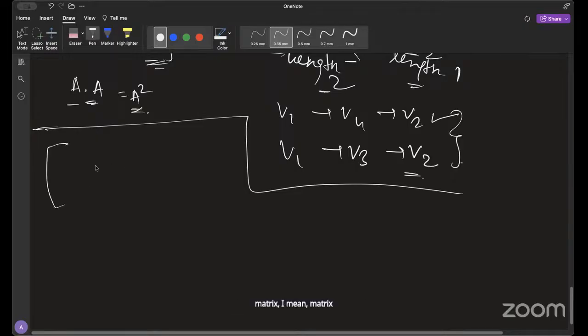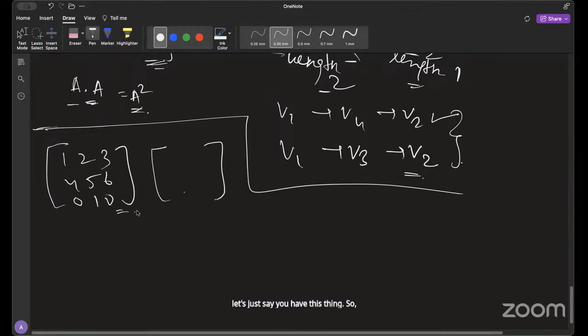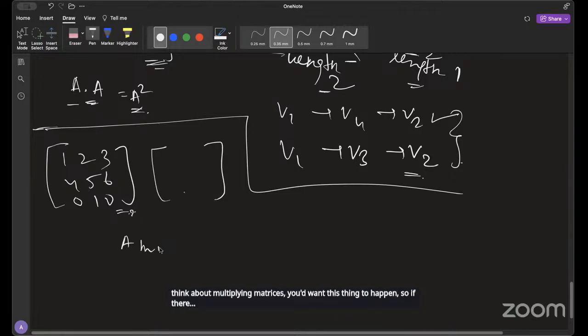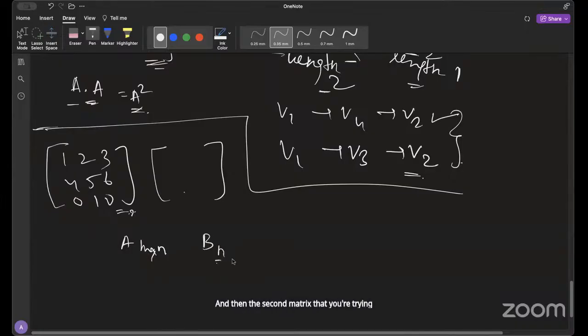Matrix multiplication, all you do is, let's just say you have 1, 2, 3, 4, 5, 6, and 0, 1, 0. And then let's just say you have this other matrix. For you to even think about multiplying matrices, you would want this to happen: if the first matrix is A, m cross n, then the second matrix you're trying to multiply should start with an n.